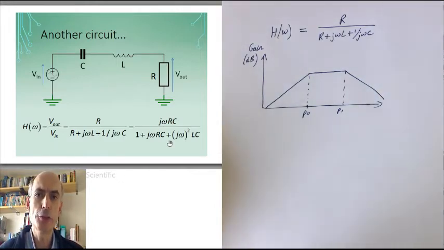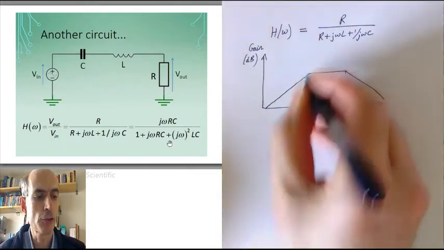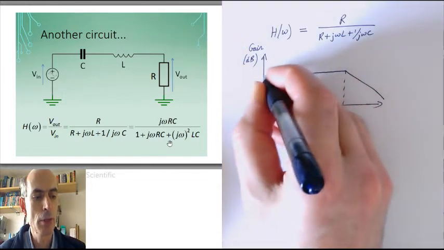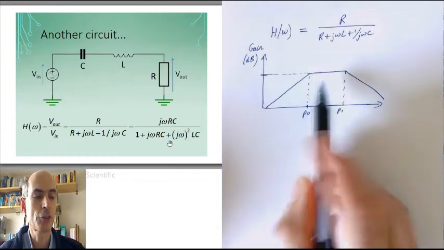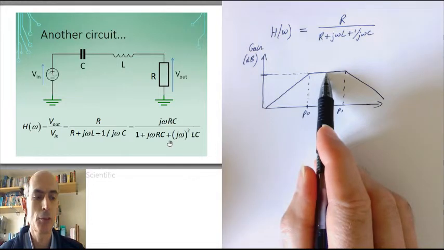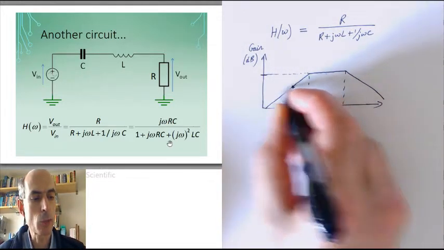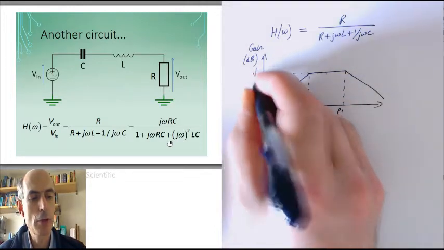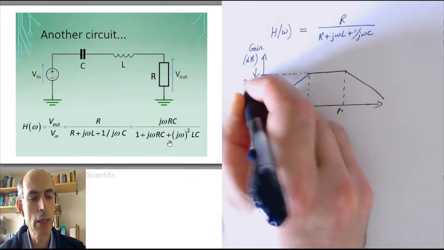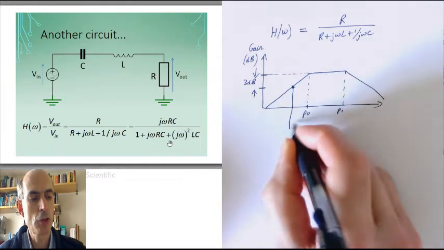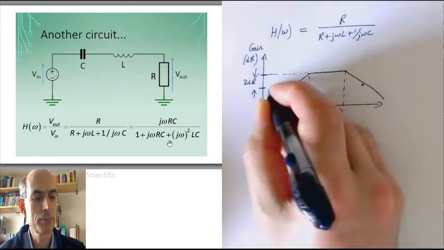The useful things to know about these bandpass filters is, firstly, what is the maximum gain? And secondly, what is the 3 dB bandwidth? So if you're 3 dB down on the maximum gain, what is this range of frequencies here?